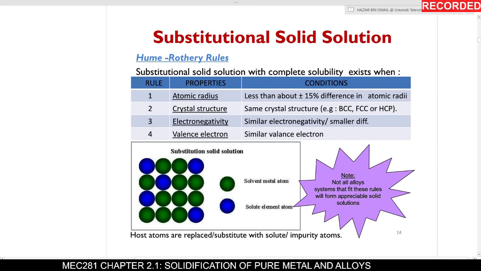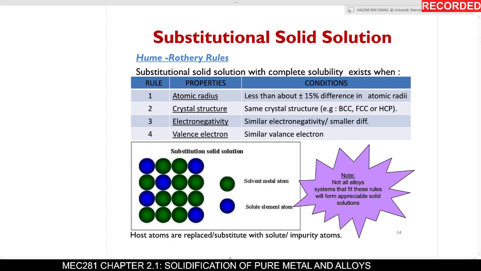The first condition, based on the Hume-Rothery rules, is that the atomic radius must differ by less than 15%. So the size of the atomic radius of one element and the other element must not differ by more than 15%.